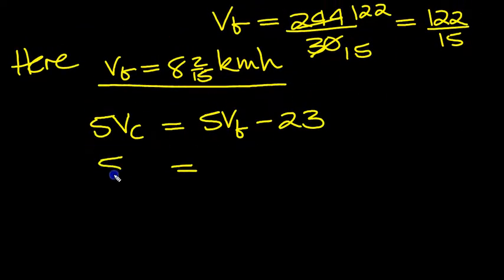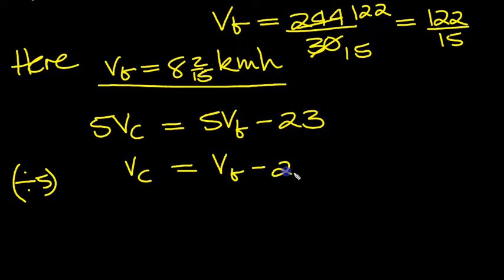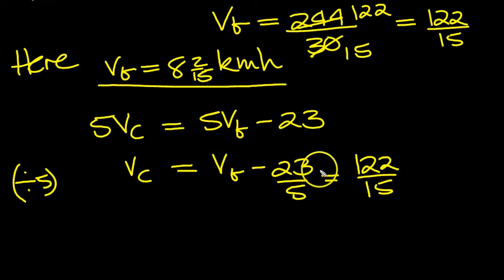So 5 VC then: I'll divide by 5 all the way through, might make it slightly easier. VC is equal to VB minus 23 over 5. VB is 122 over 15. Times by 3, you get 69 here, so it's minus 69 fifteenths.